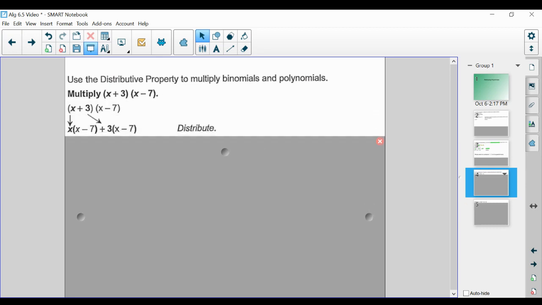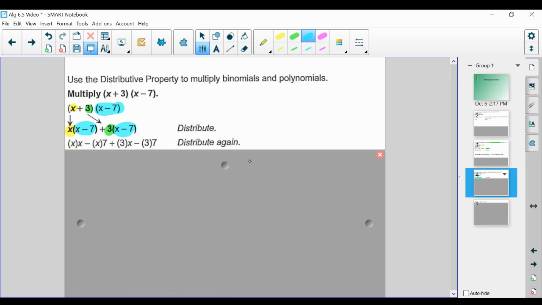We are going to be distributing the x to the x minus 7 and the 3 to the x minus 7. So notice how this x is now on the outside and this 3 is now on the outside. But we kept x minus 7 together because we're sending the x in the first set to the x minus 7, and we're sending the 3 to the x minus 7.